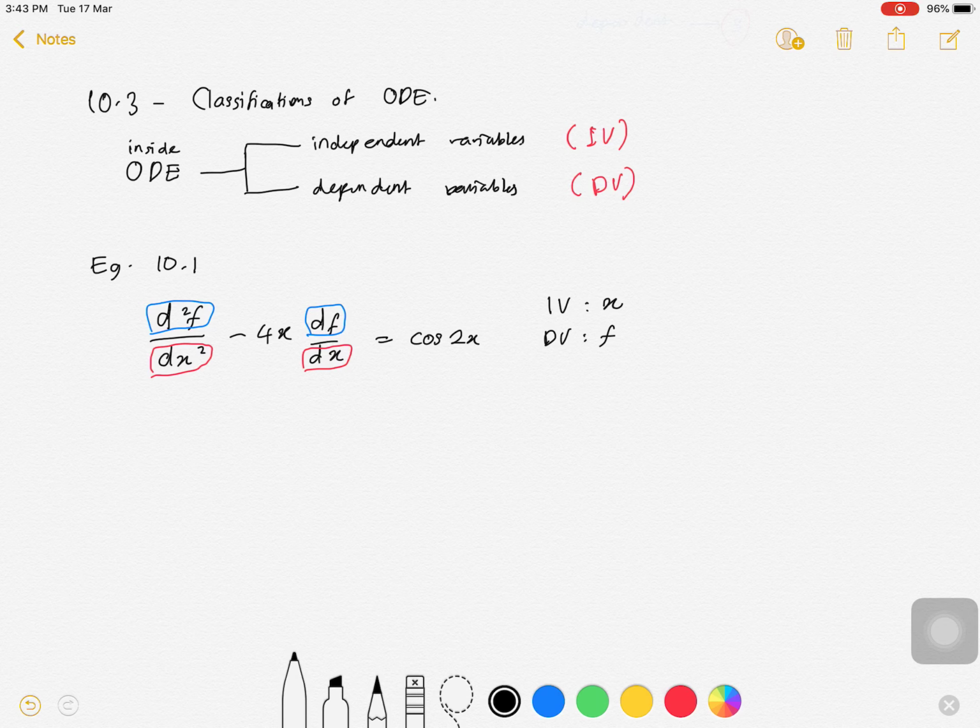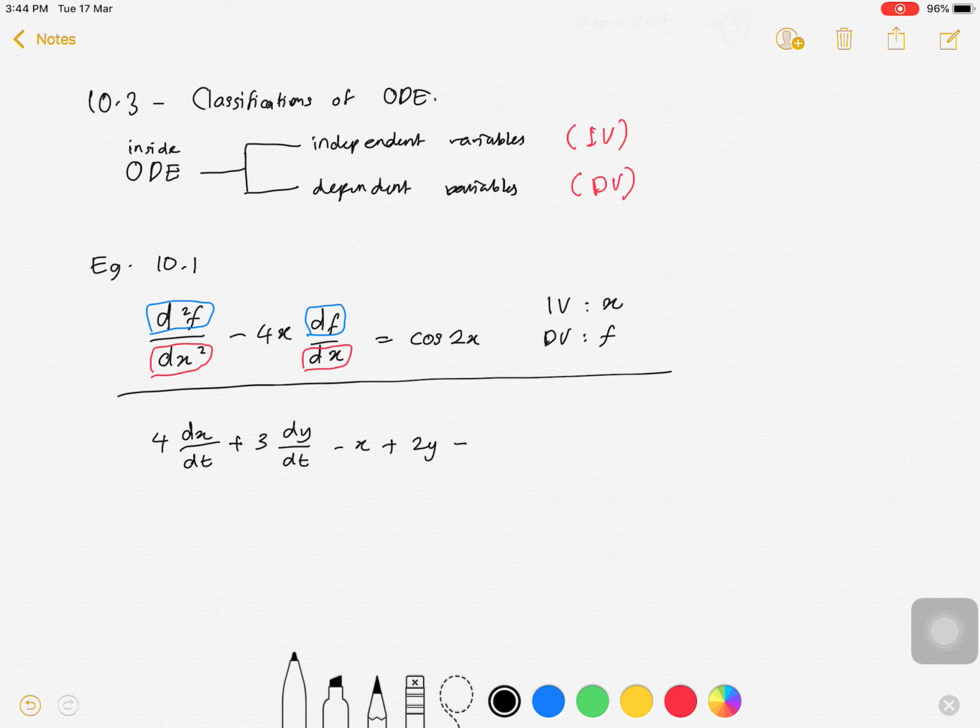Now consider the other two equations, which are correlated, in the same example. The first is dx/dt plus 3 dy/dt minus x plus 2y equal to cos t.